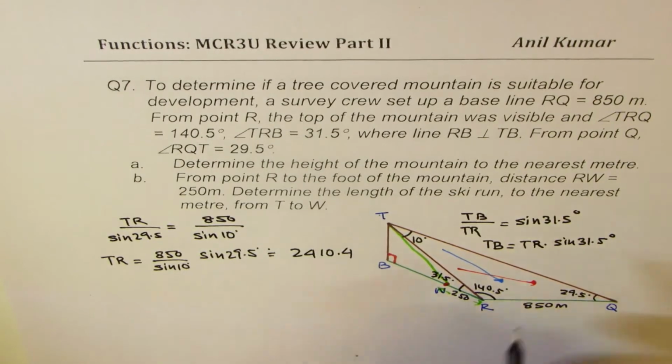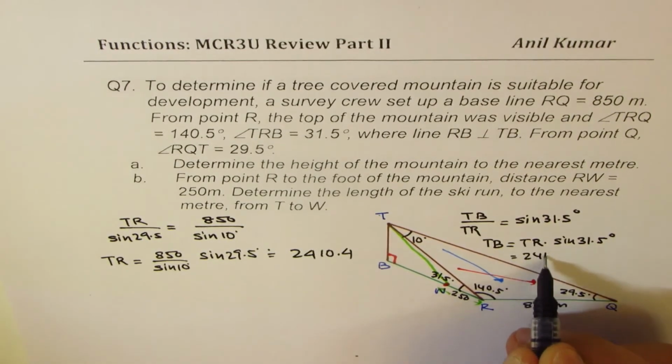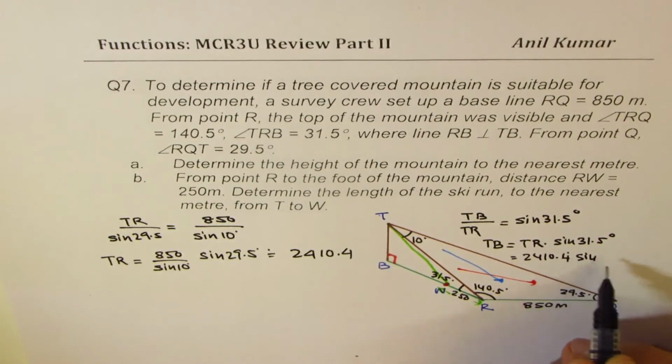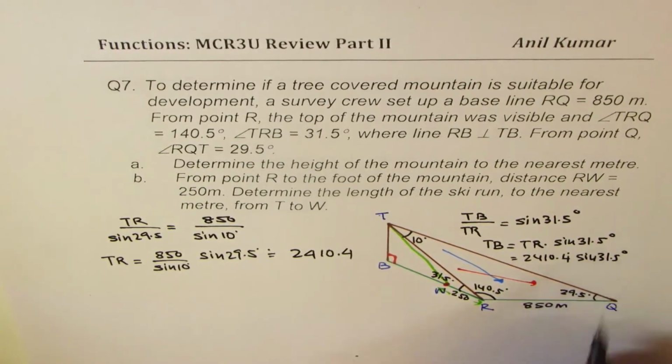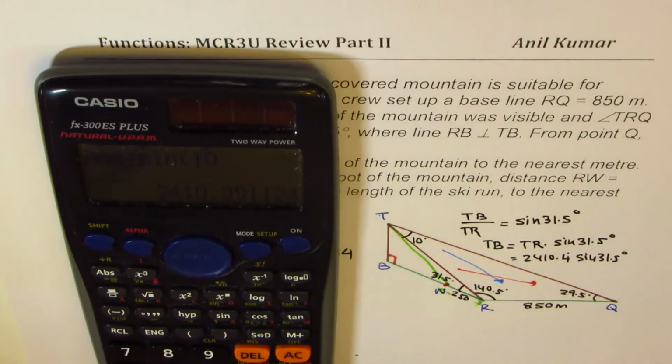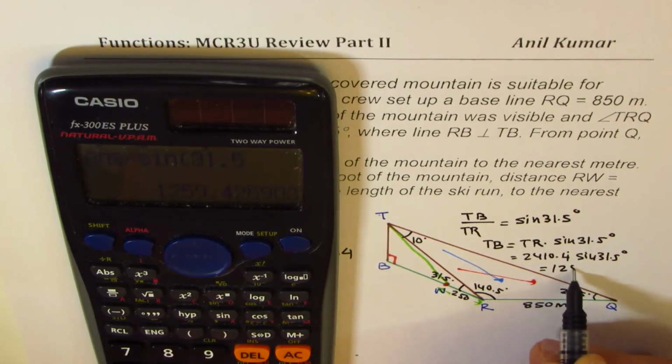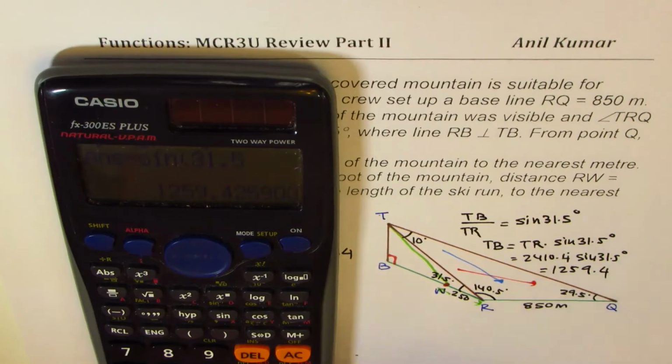TR is that big number, 2410.4, times sine of 31.5 degrees, correct? So we already have this number 2410.4, and we just multiply this by sine of 31.5. We get 1259.4.